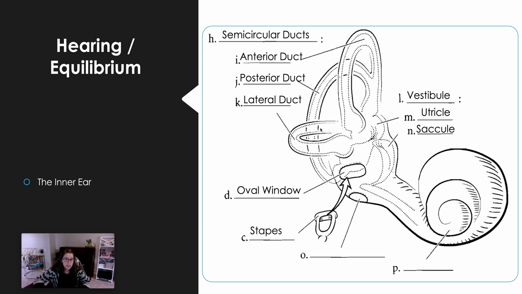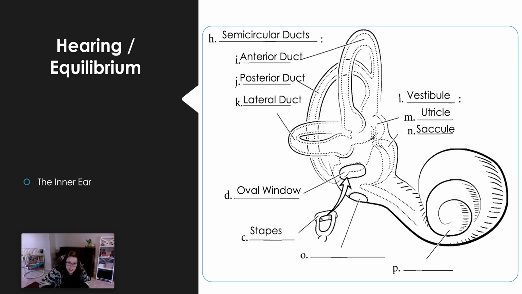We have fluid in all of these structures that is going to push against these hair receptors that we have. And so the fluid movement is what tells our brain, oh, the fluid in this duct is moving in this direction, so that means I'm rotating like this. So you know where your body is as it's rotating. We'll get into that a little bit more in a second.